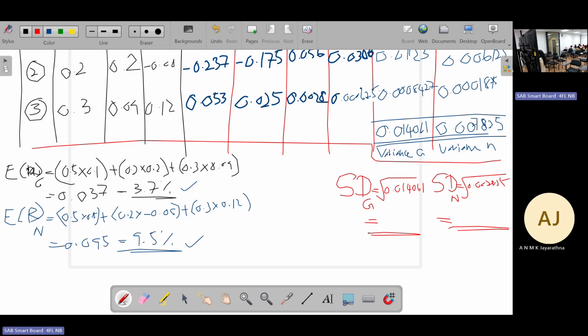What are the answers? 11.85 and the other one 8.84. Check whether you have got the same answers. Rakshita. Okay. Standard deviation 11.85 and the other one 8.84.